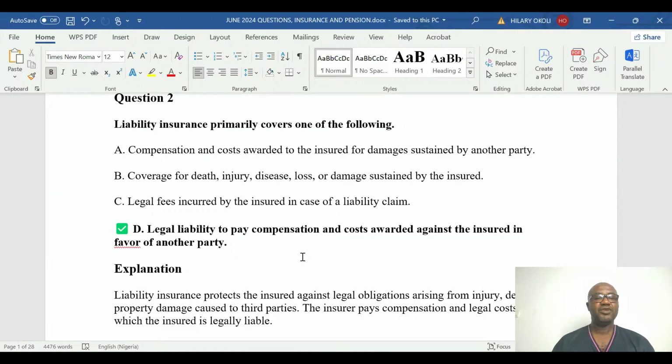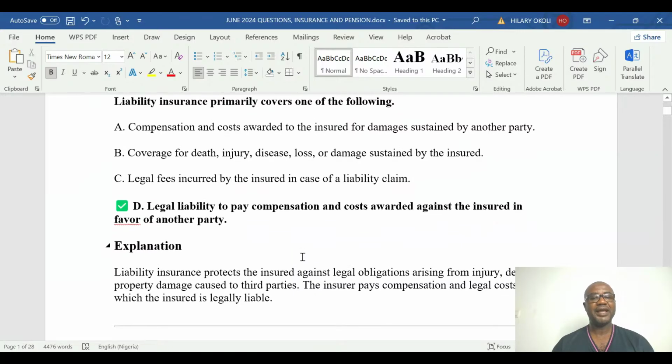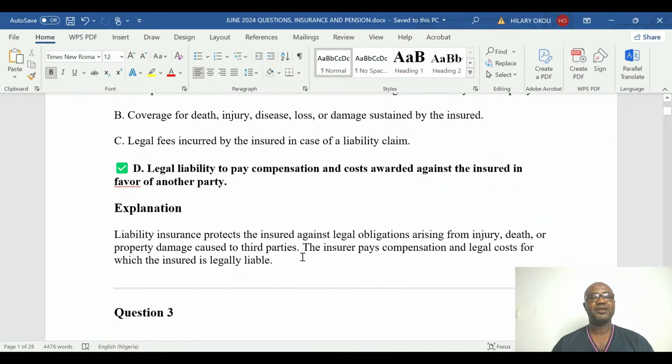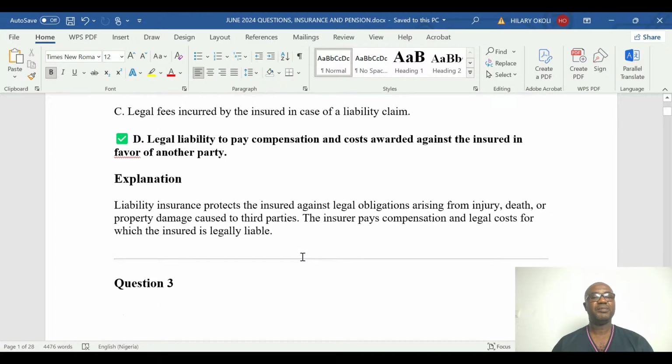So liability insurance protects the insured against legal obligation arising from injury or maybe death or property damage caused to a third party. So the insurer in this instance pays compensation and legal costs for which the insured is legally liable. The insurer comes to stand in for you and pay because you are legally liable.